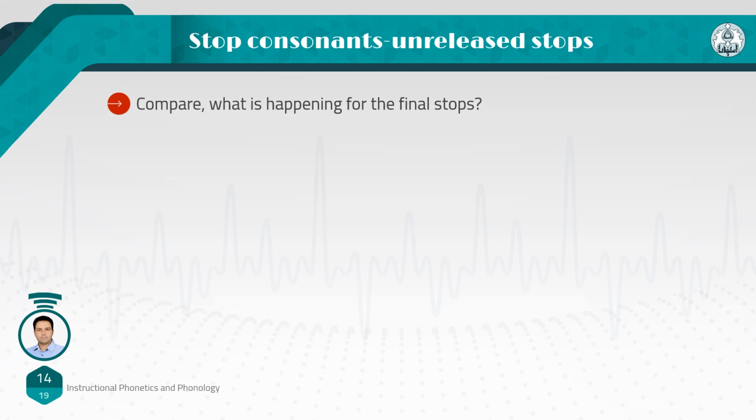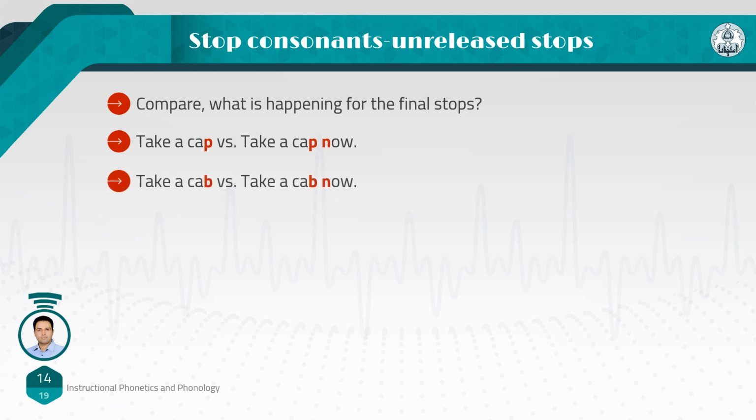Try to compare what is happening for the final stops in take a cap versus take a cab now. Compare what happens to the final stop p. Or, for example, in these two sentences, take a cap versus take a cab now. Try to compare them. What about this sentence?